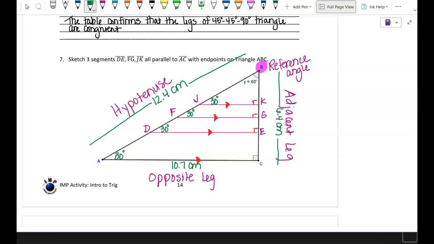You need DE, FG, JK, DB, FB, JB, BE, BG, BK. So I'm going to pause while you go in and get your measurements. Again, they will not be the same as mine. So you need to go through in centimeters and measure all those different segments on your paper.